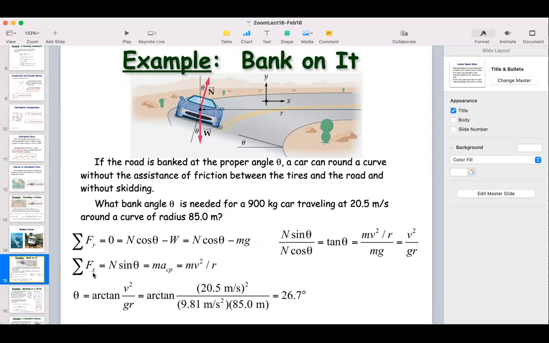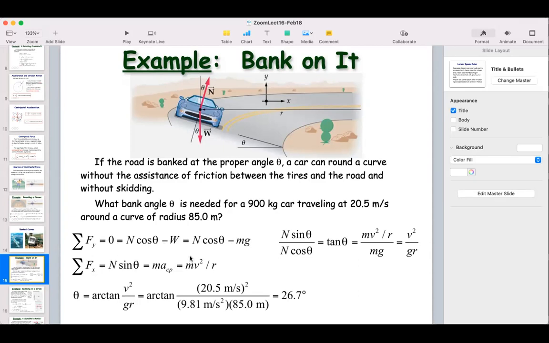Then along x, we only have the component of the normal force, n sin theta, which is equal to mass times centripetal acceleration, v squared divided by r.